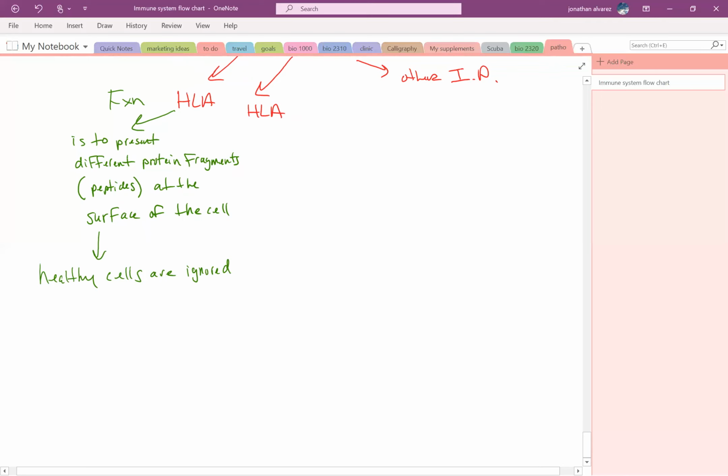Okay. And foreign cells, or you could say foreign protein, are destroyed.